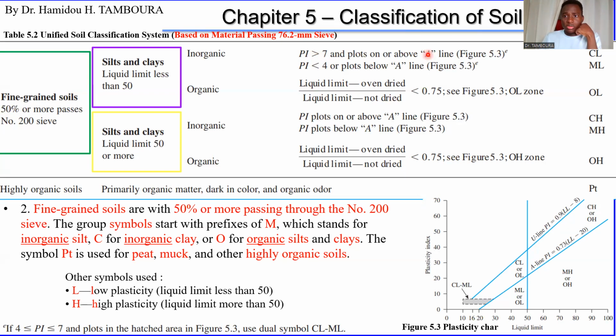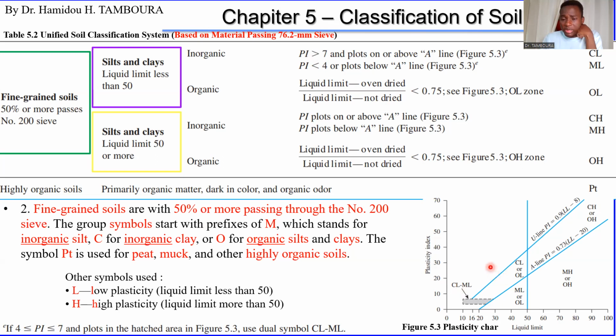You have these two. If the plasticity index is higher than 7, you have this one, in this case of inorganic soil. And you have this area, low plasticity area, high plasticity area, and low plasticity area.